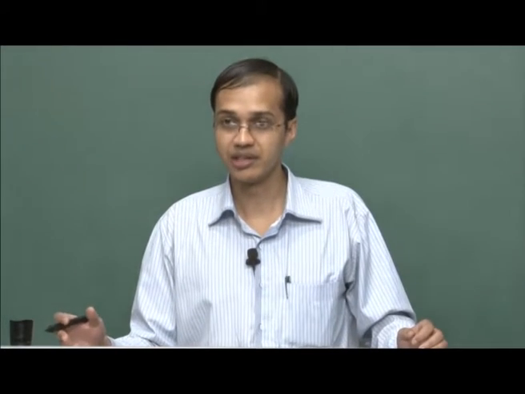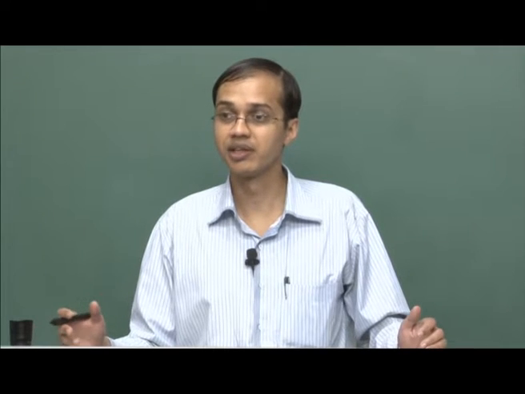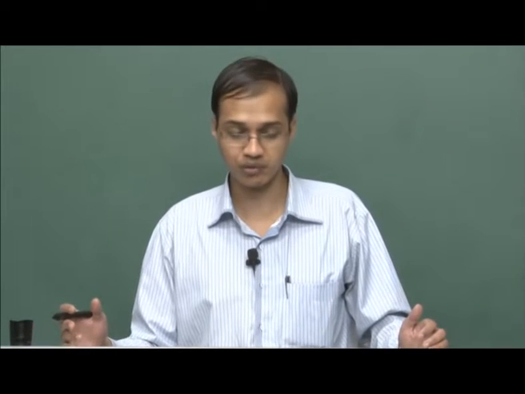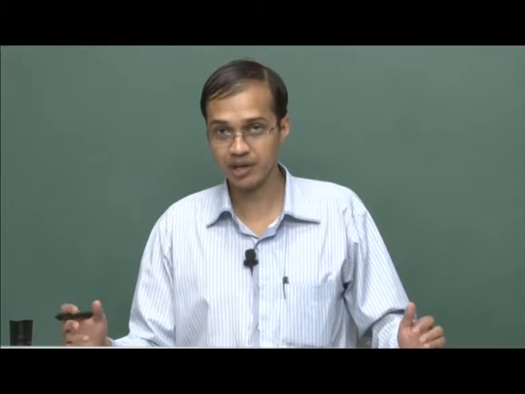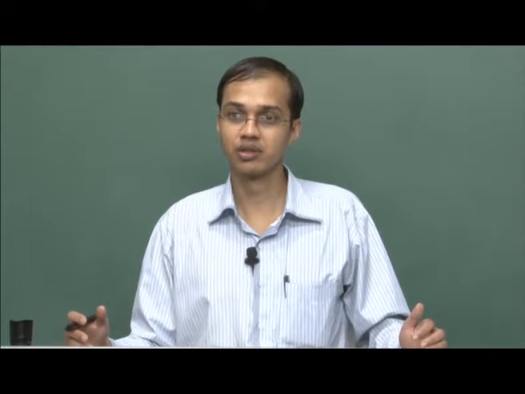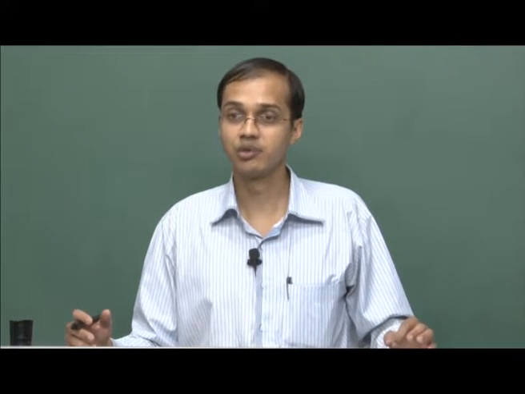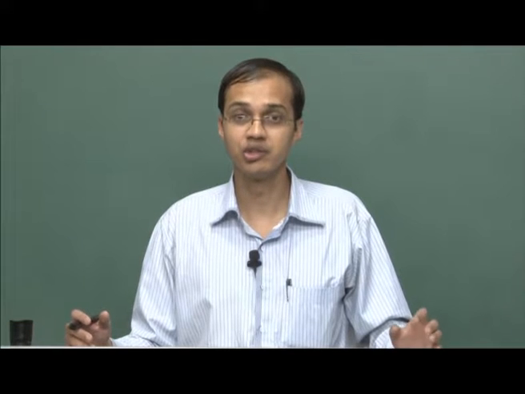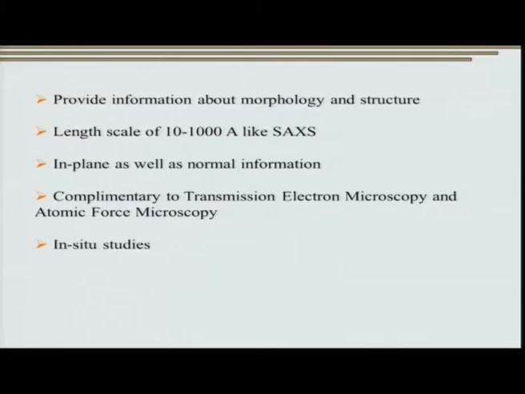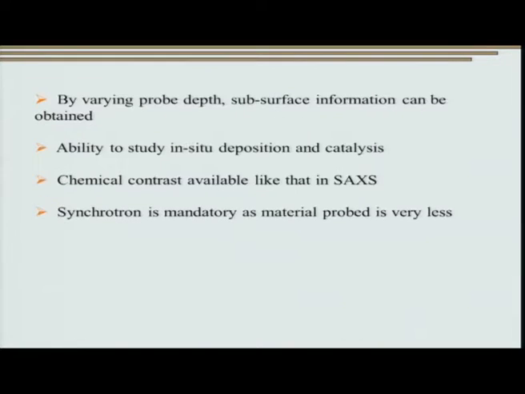Similarly, GSAXS is also complementary to SEM and atomic force microscopy. At the same time, as we discussed in the last slide, we figure out that GSAXS is absolutely essential and absolutely state of the art when it comes to in situ studies on deposition of various materials.